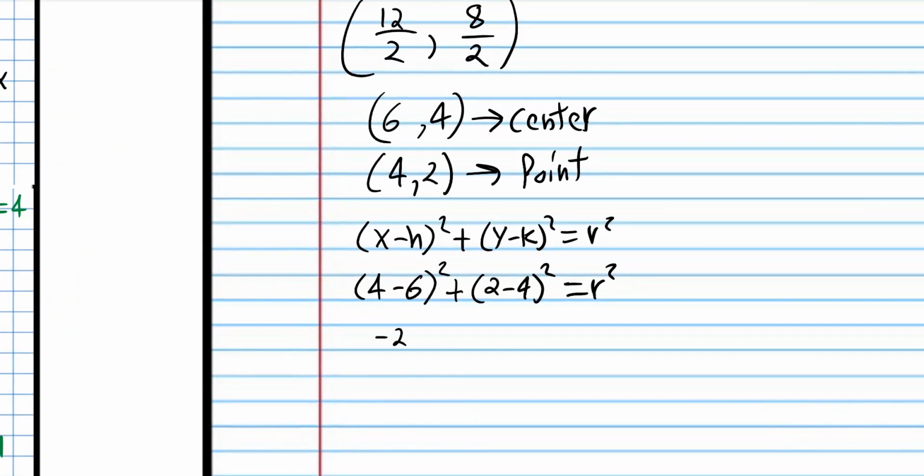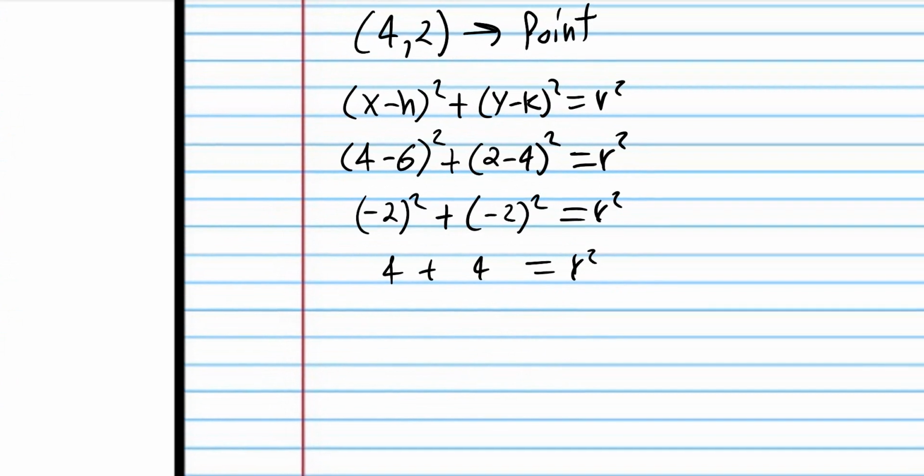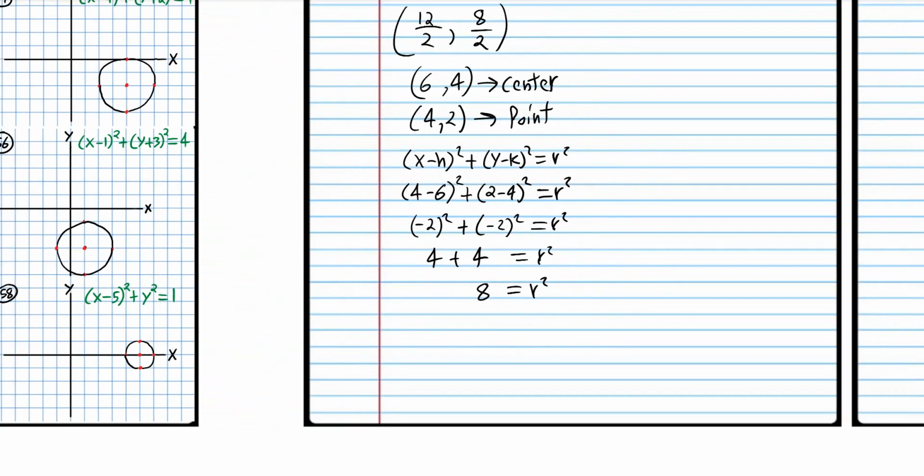So we get (-2) squared plus (-2) squared equals r squared. And 4 plus 4, so 8 is r squared. And now we have the center. So we plug in those values for the center, and we have r squared is 8.